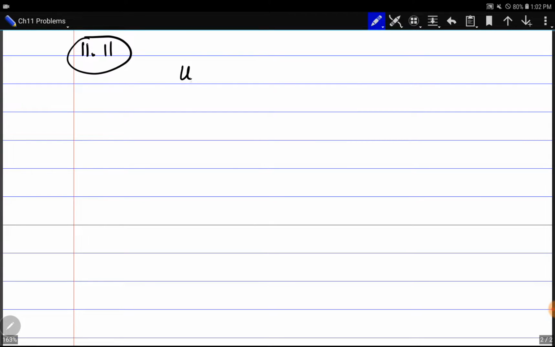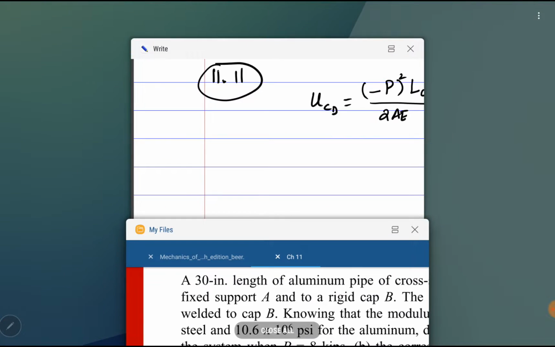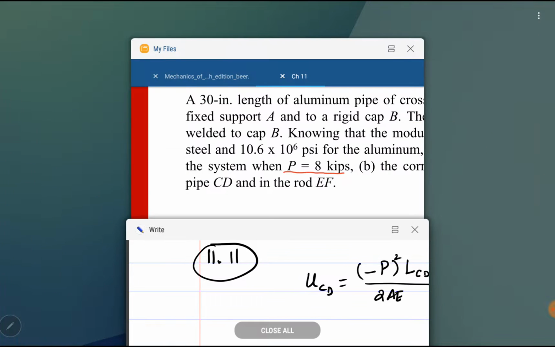U CD, for pipe CD, it is minus P because it is compressive, squared, LCD divided by 2AE. So it is minus 8 into 10 power 3 square. Length of the CD is given 30 inches, 30 divided by 2 into area and E are given.